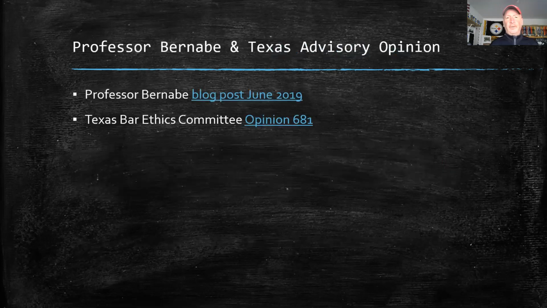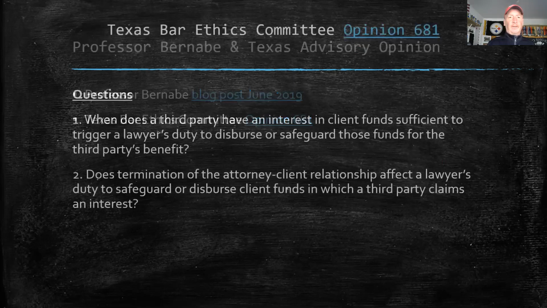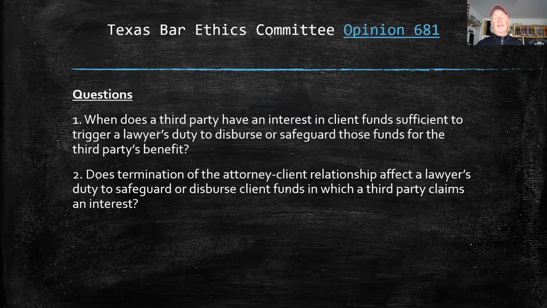The Texas advisory opinion was issued last spring, or last June, I think. Professor Bernabe, who I've mentioned before in these videos, he's got a great blog, the Professional Responsibility blog. Check it out. He blogged about this Texas Bar Ethics Committee opinion, called my attention to it. Thanks, Professor. The Texas opinion addressed two questions.